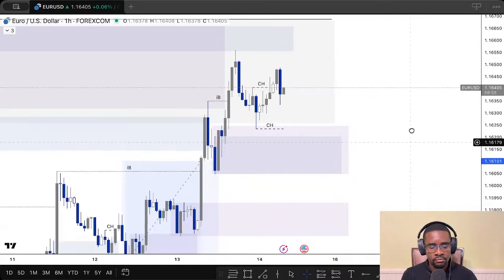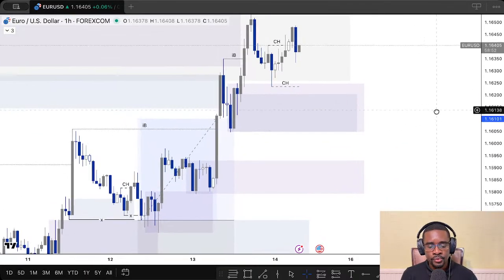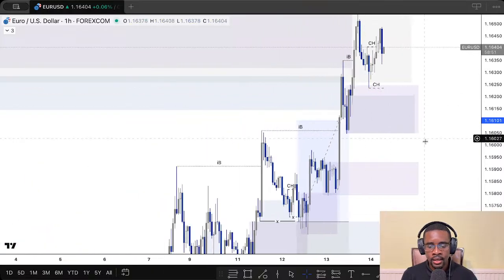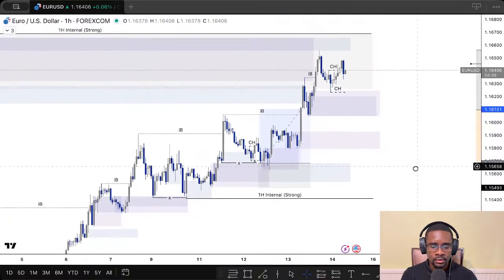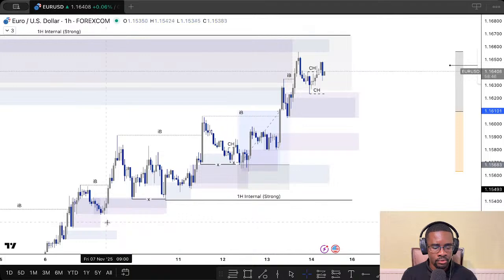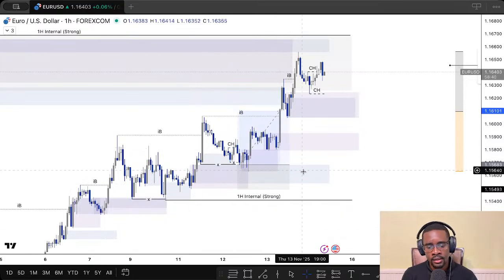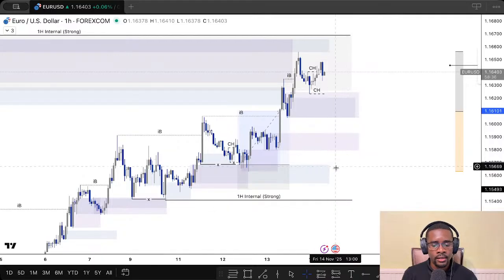And also, given that today it's a Friday, price has been pretty much bullish since Monday. Okay, so as you can see, from Monday we've just been making higher highs, higher lows, higher highs, higher lows. So today's Friday. It's likely that we'll have a bit of a retracement.